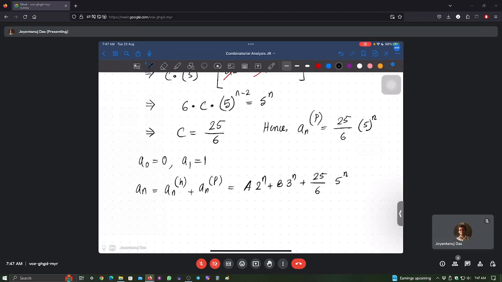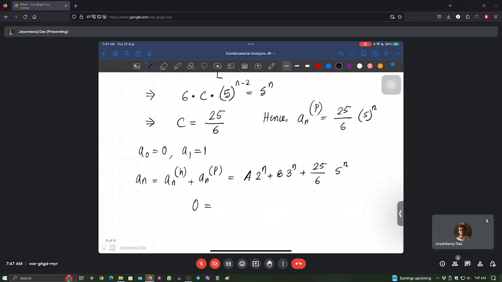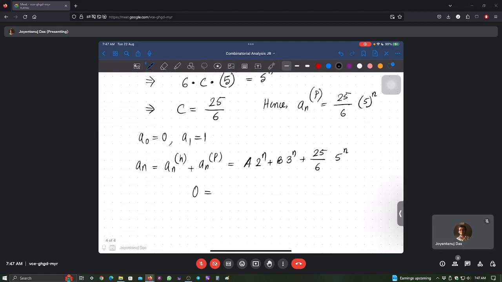Now how to find a and b? We can create two equations, and that system of equations will help us. So zero is a plus b plus 25 by 6, and so on.